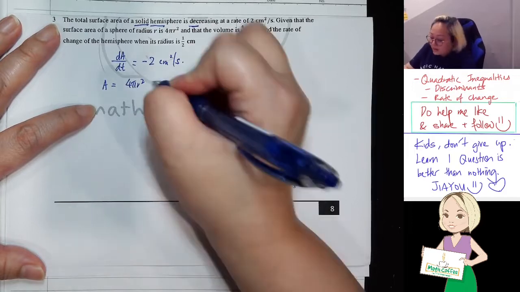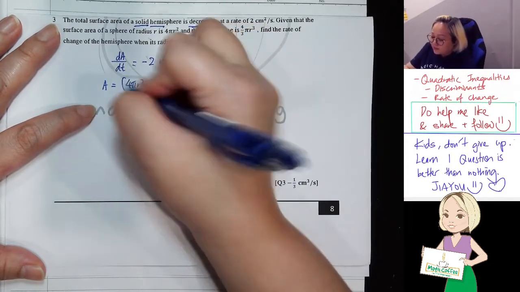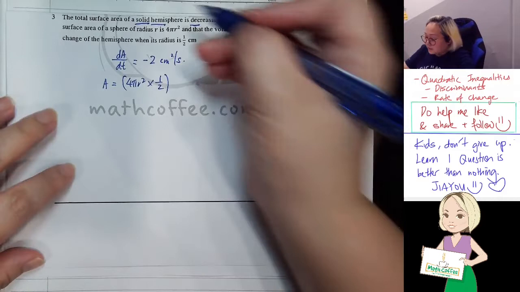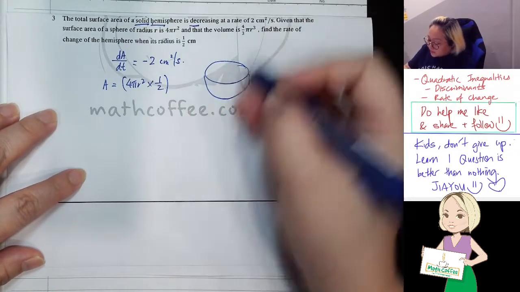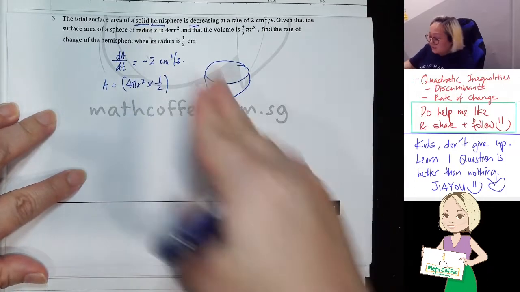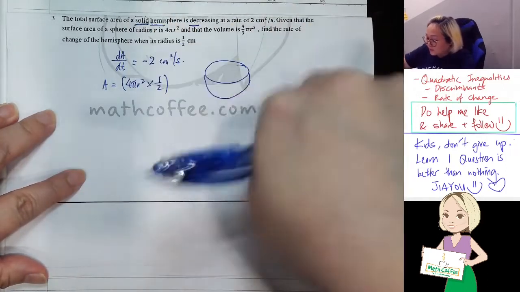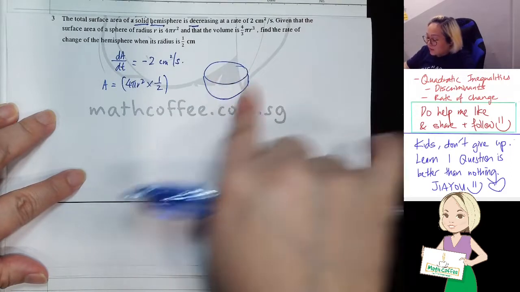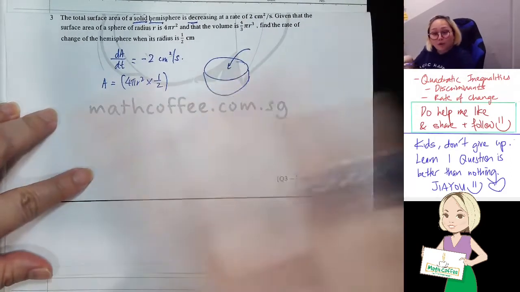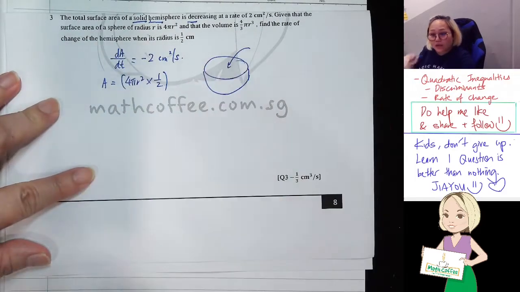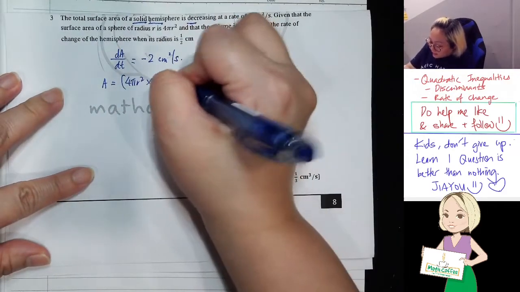This is the sphere. I'm going to times half, which will give me the hemisphere. But it is a solid. So a hemisphere looks like that. So my 4 pi r square times half is only the curved surface area of the hemisphere. Then you still need to add the pi r square because it is solid. So it will be plus pi r square.